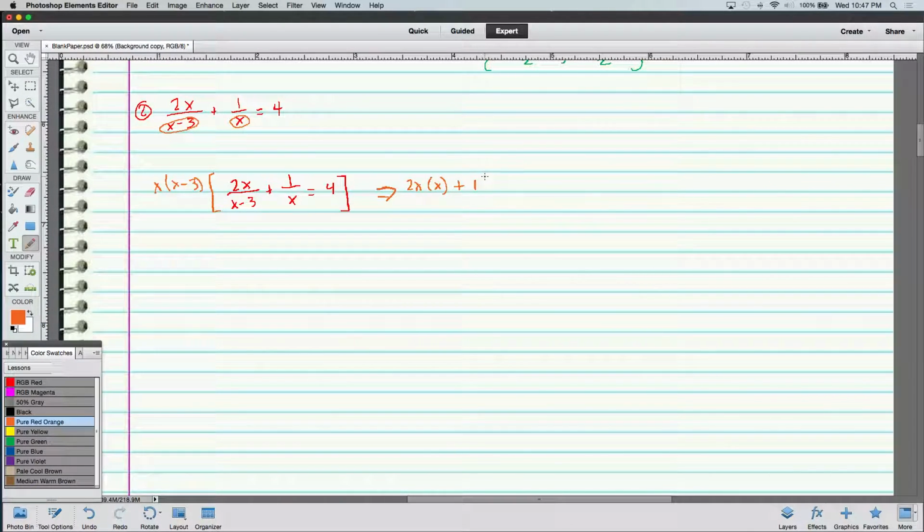So we have a 1 times x minus 3. And on the right side of the equation, we don't have a fraction, so we're just going to multiply everything. 4 times this x times x minus 3. So 4 times x minus 3.